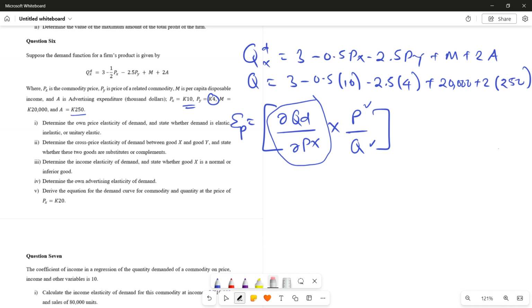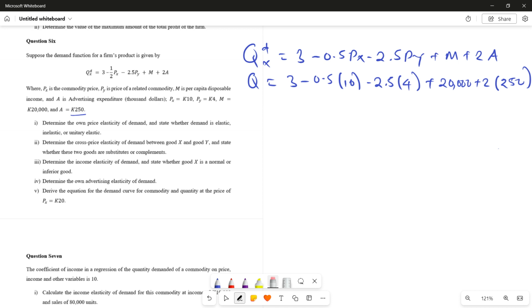So in short, first things first, find the quantity that will be demanded at those particular values. Get your scientific calculator, punch: we have got that minus this times that plus this, then plus that.